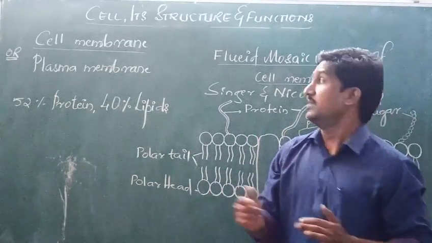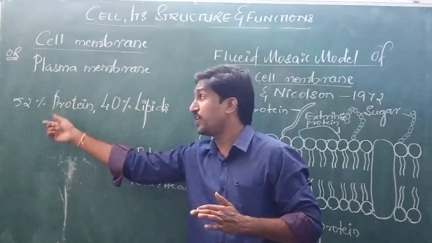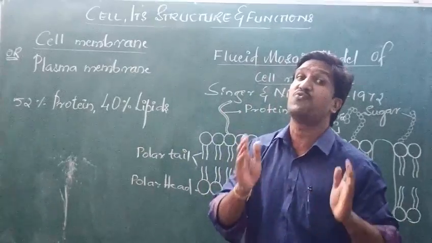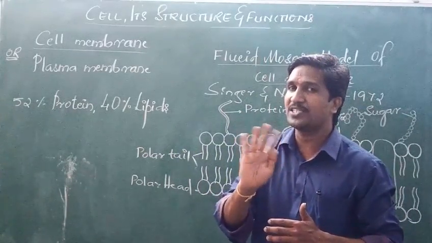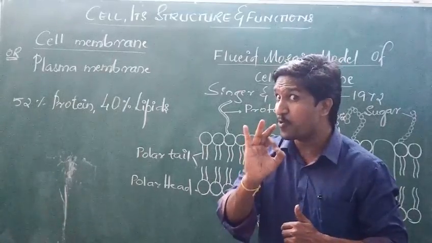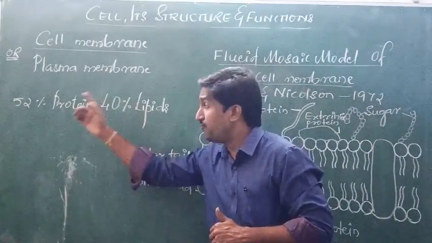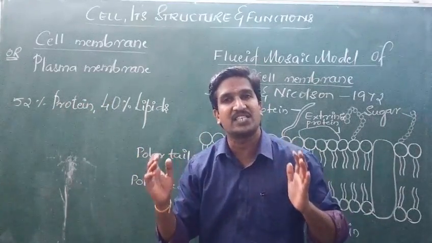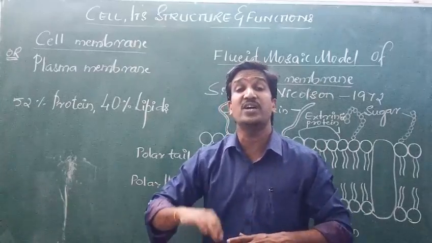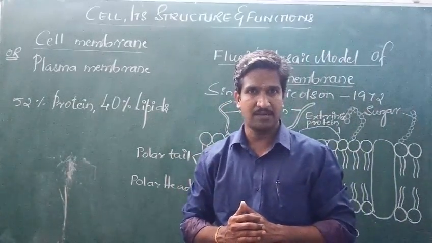In that, 40% of lipid is available and 52% of protein is found, they said. It is not in all cells. Remember, a very important point it is. 40% of lipids, 52% of protein is present in the plasma membrane of the erythrocyte. NEET level question, right?